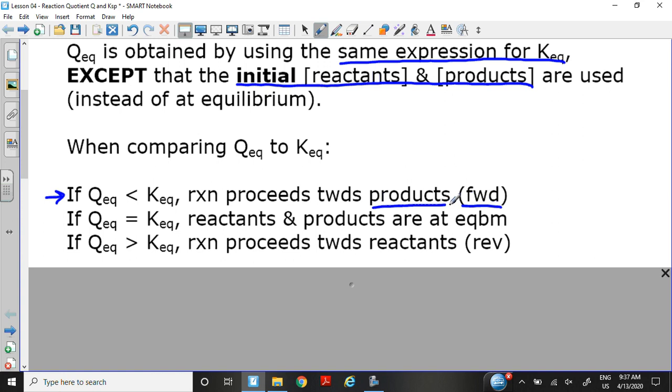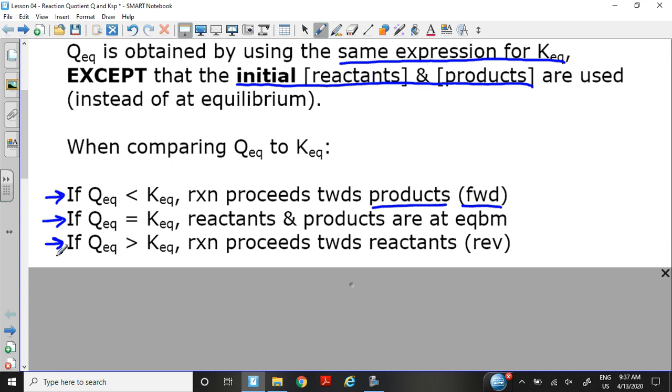It's going to make more products. If you do a calculation and your Q value happens to be the same as the K value, what that means is the concentrations are actually perfect for equilibrium conditions and you won't notice a shift. The likelihood of that happening is pretty low, but it's still a possibility.